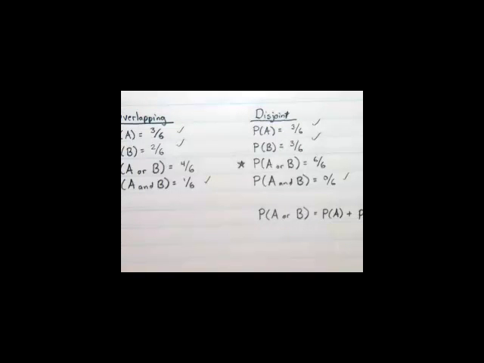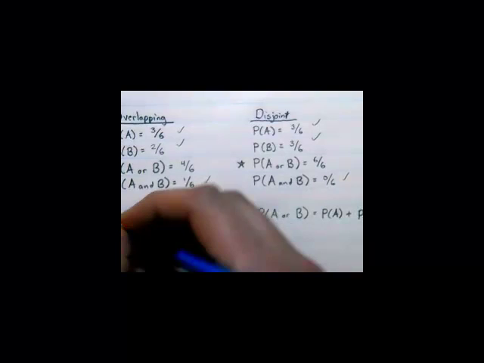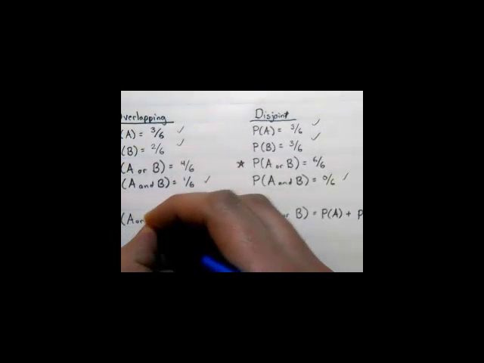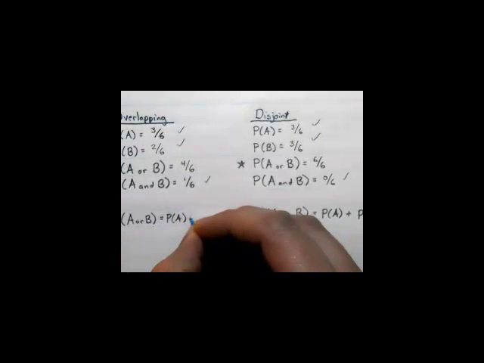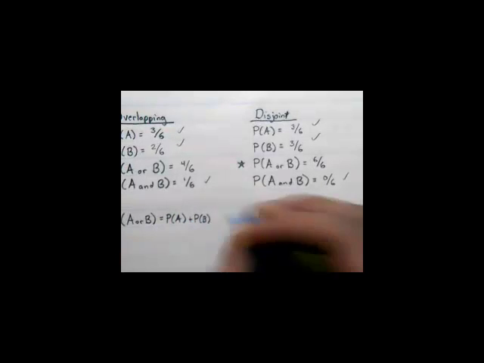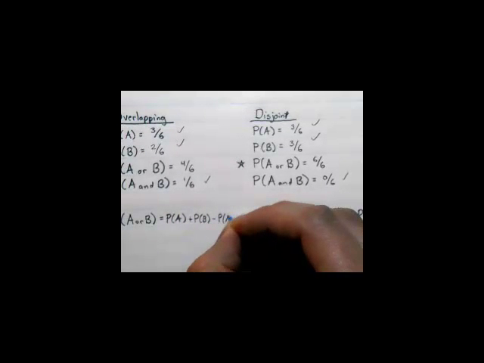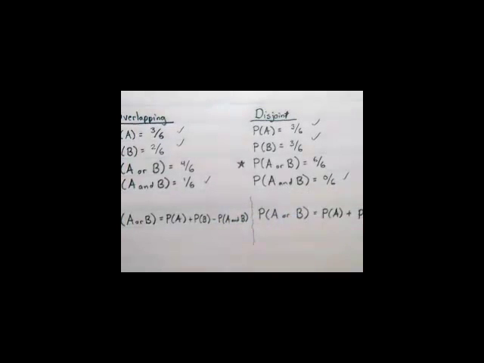Do you see that? 3/6 plus 2/6 is how many sixths? Minus 1/6, 4/6. Okay, so for overlapping, it works like this. The probability of A or B equals the probability of A, plus the probability of B, but then minus the probability of A and B. That's kind of getting a little close there, so we'll separate those.